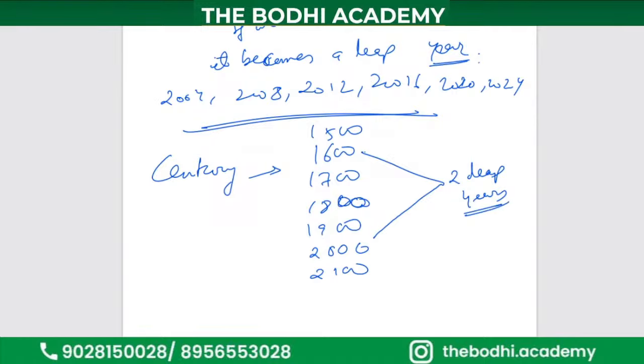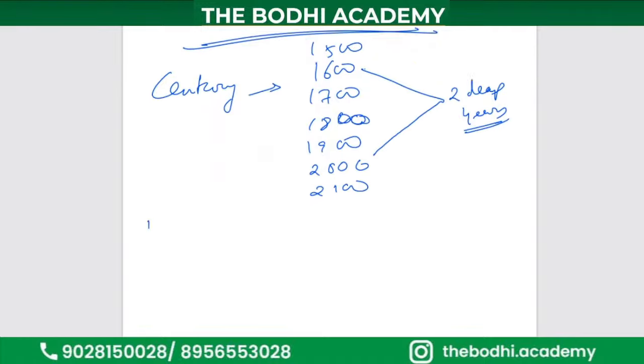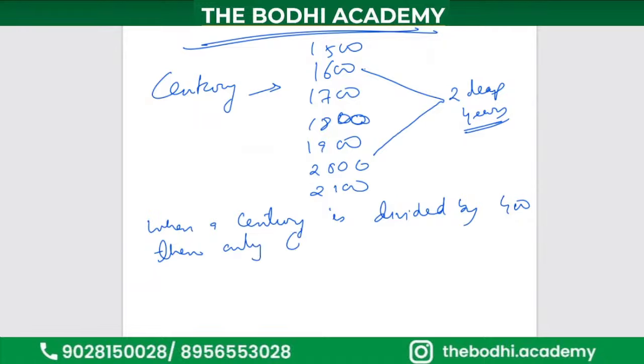Why? Because there is a statement. When a century is divisible by 400, then only is it considered a leap year.